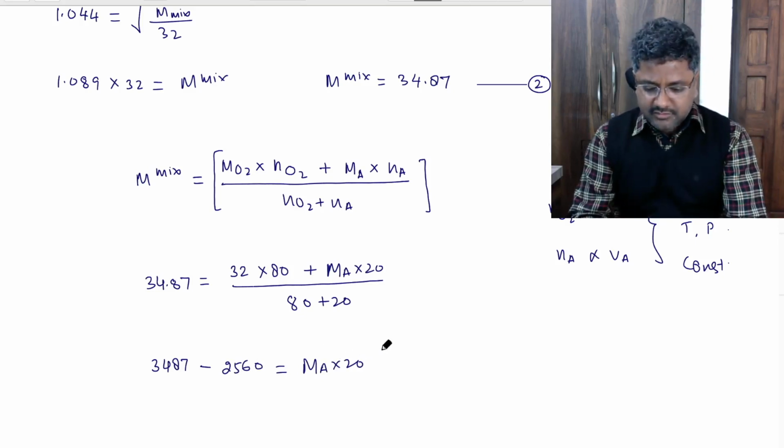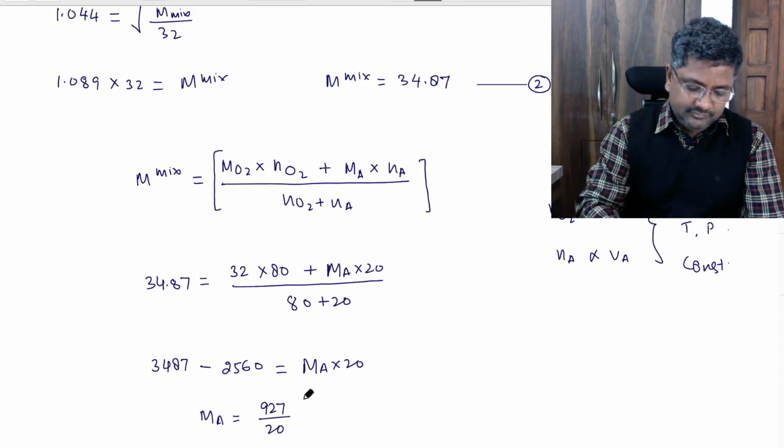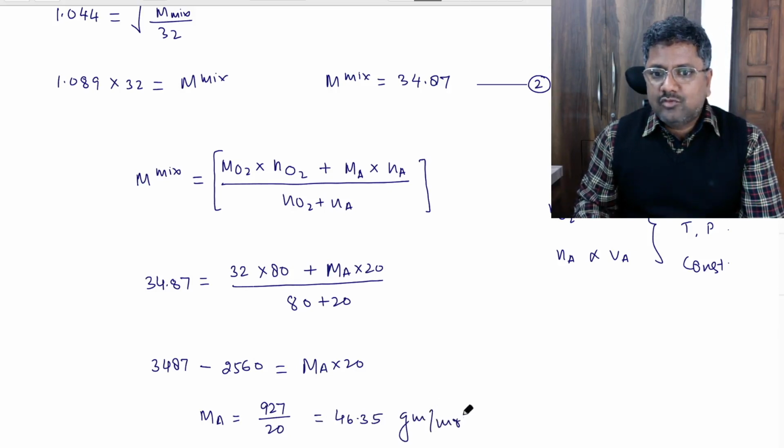So 3487 minus 2560 is 927. So MA is equal to 927 divided by 20, which is 46.35 grams per mole.